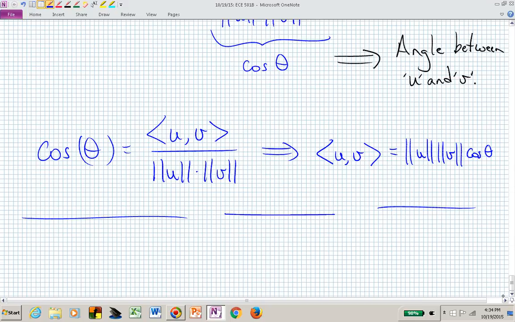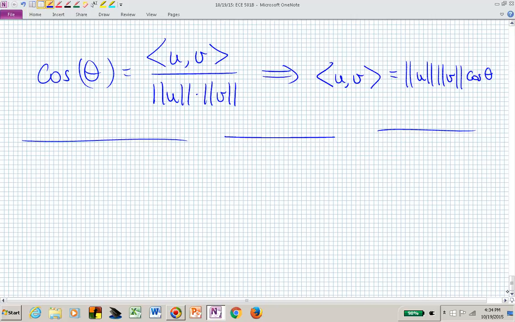See how we're getting a lot of stuff now coming out of just some very basic concepts of an inner product. Now we have an angle between these vectors, and we have a way of relating the size of that inner product to just the norms of those two vectors, the product of norms.